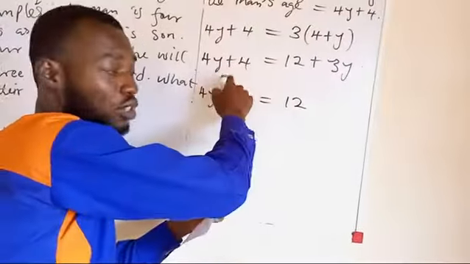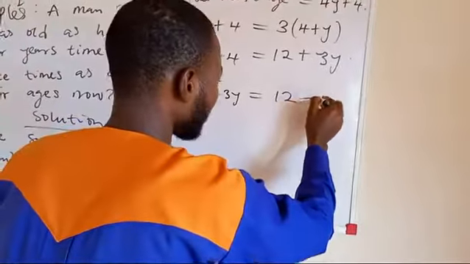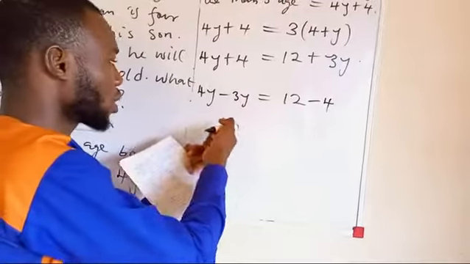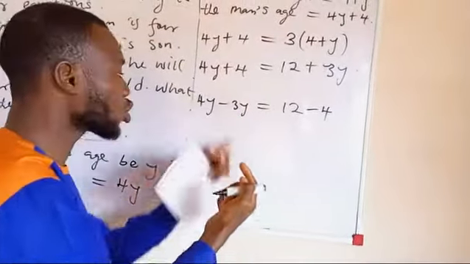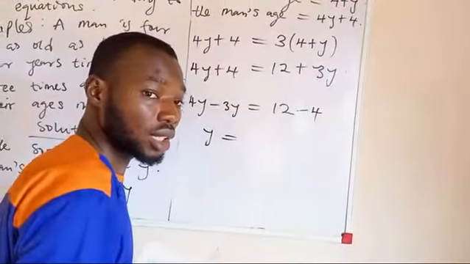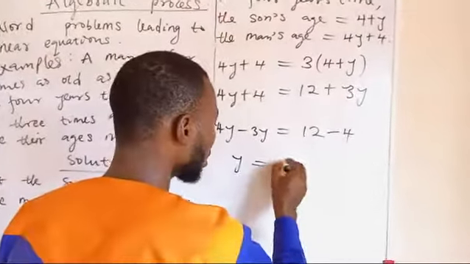This 4 is plus here, and once it crosses to meet 12, we change to minus 4. 4y minus 3y gives us y, so y is equal to 12 minus 4, which is going to give us 8.